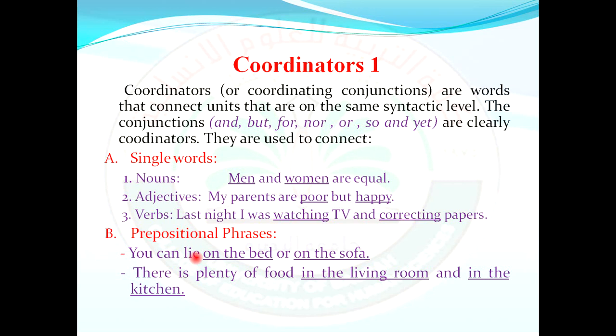Coordinators, sometimes called coordinating conjunctions, are words that connect units that are on the same syntactic level. The conjunctions and, but, for, nor, or, so, and yet are clearly coordinators. They are used to connect either single words like nouns, like when we say men and women are equal, so men and women, single words.